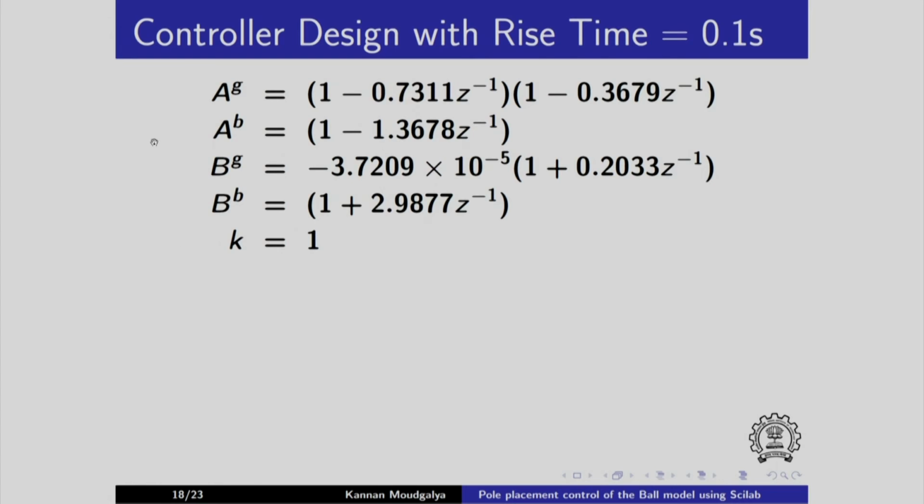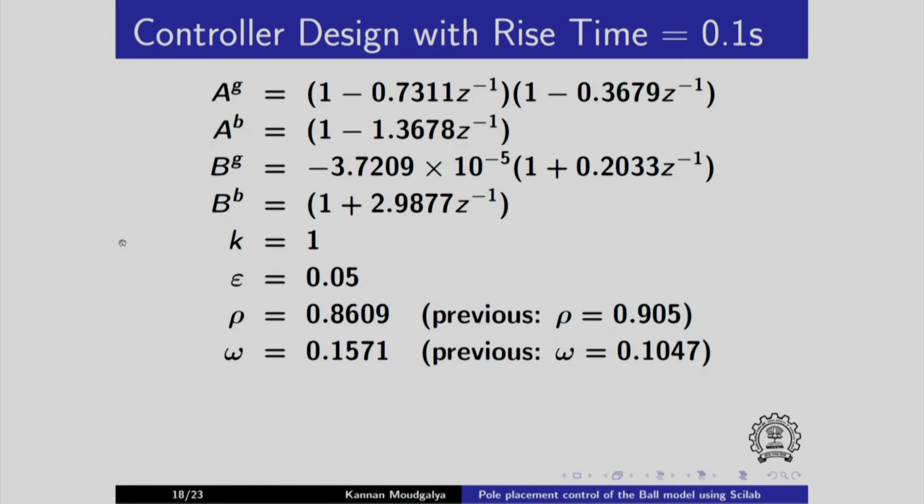So these are the values that we had earlier, the good and bad factors and also k. And when I invoke the rise time condition to be 0.1 second, I get these epsilon, rho, omega values. Recall that previously we obtained a larger rho value. The new rho value is closer to the origin. As a result, the system is faster.